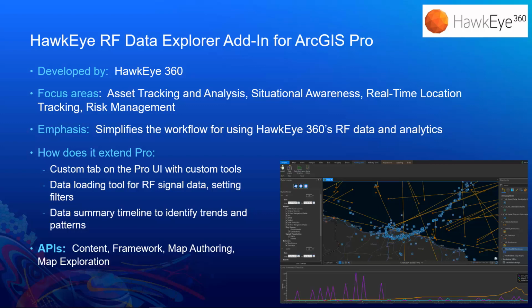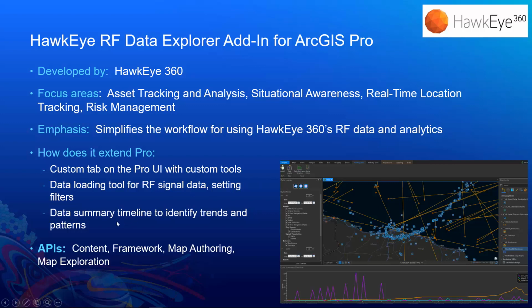The emphasis is to allow Hawkeye 360 users the ability to simplify their workflows in using their RF data and analytics. It extends Pro by putting a custom tab on the user interface and providing custom tools for loading and searching that RF signal data using different tools here, such as this doc pane.